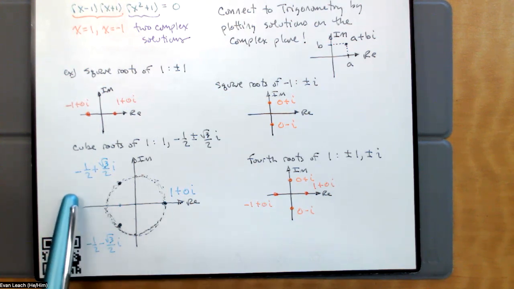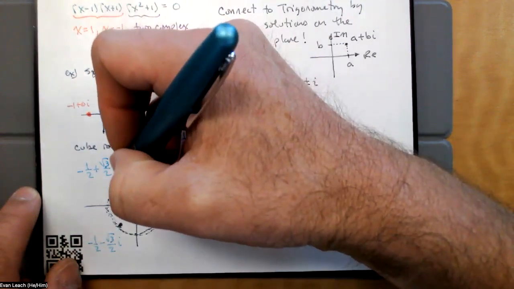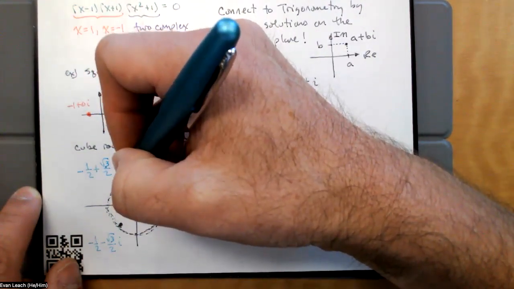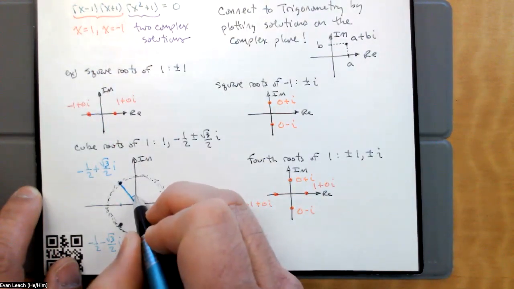Note that if we look at this -1/2 and √3/2, over here in the second quadrant, it's the cosine that is negative, and the sine of the angle is positive. Also, the horizontal component is cosine and the vertical component is sine. So this is sitting at a reference angle of pi/3 radians, or 60 degrees, which means this is sitting at a 120-degree angle.